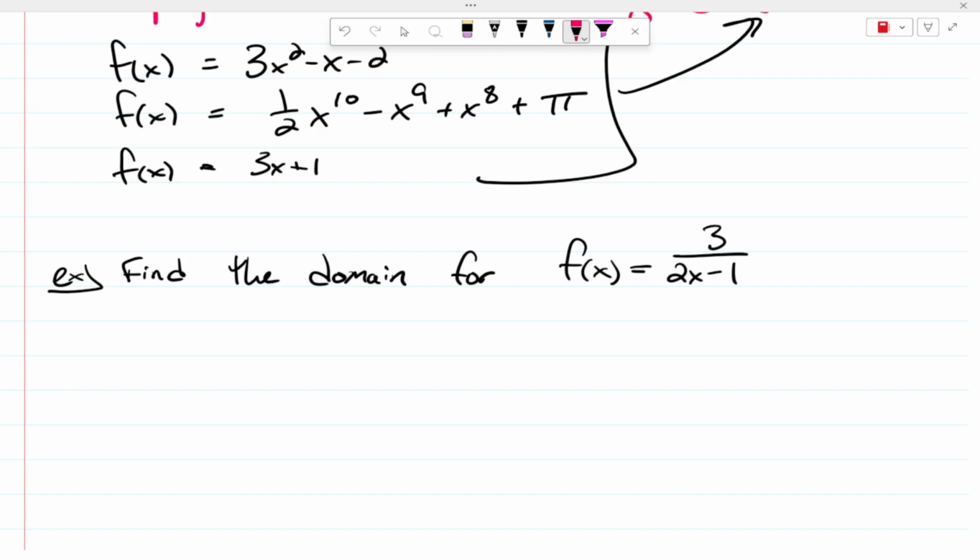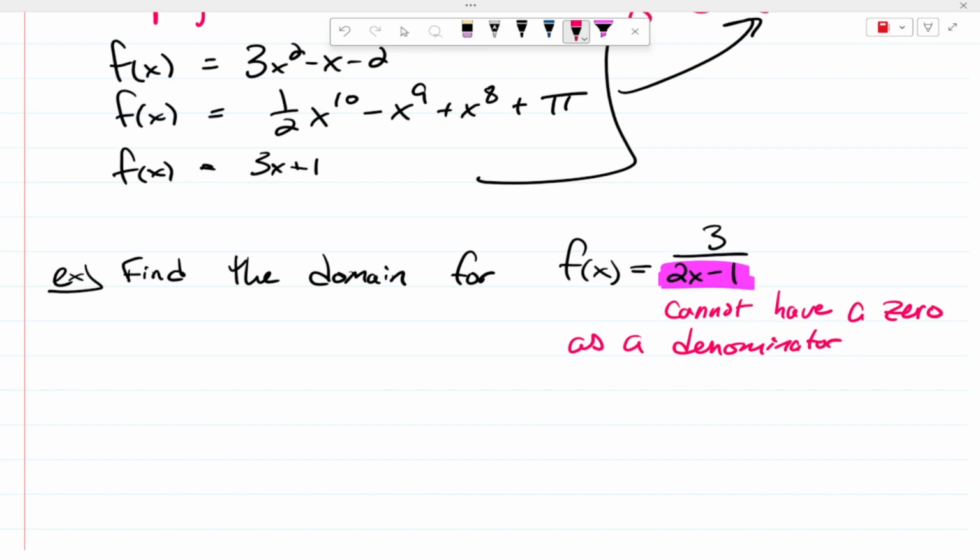And that's because we got a denominator, and we cannot have a 0 as a denominator, because then we have something that is undefined, okay?